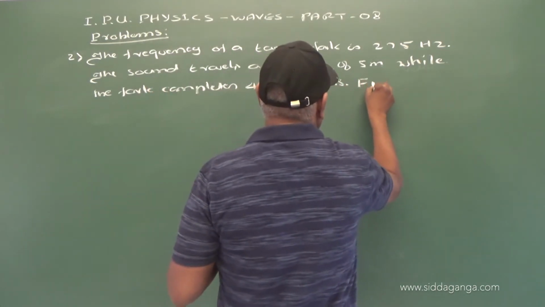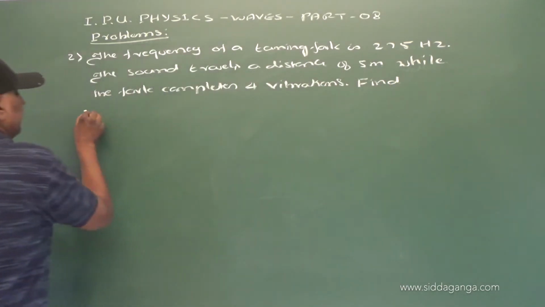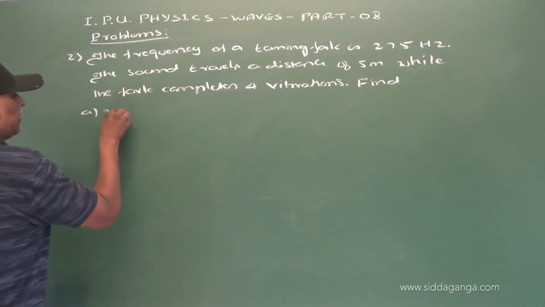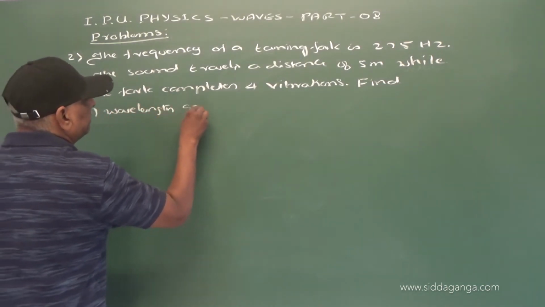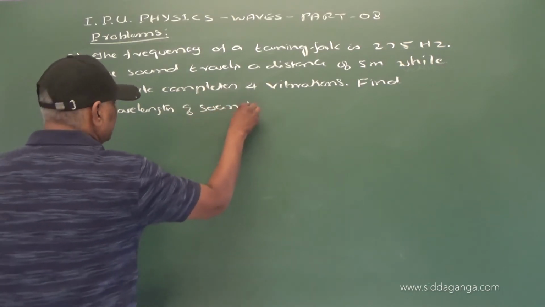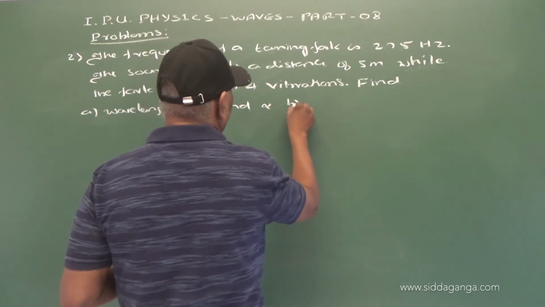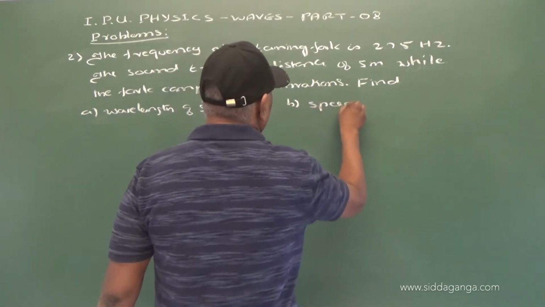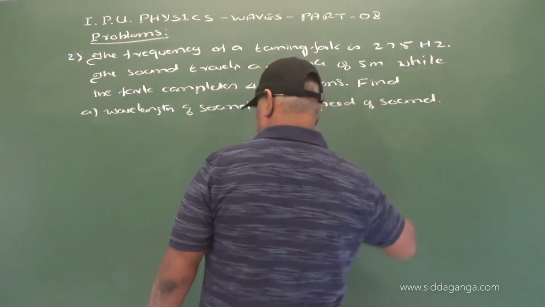Find A, wavelength of sound, and B, speed of sound.